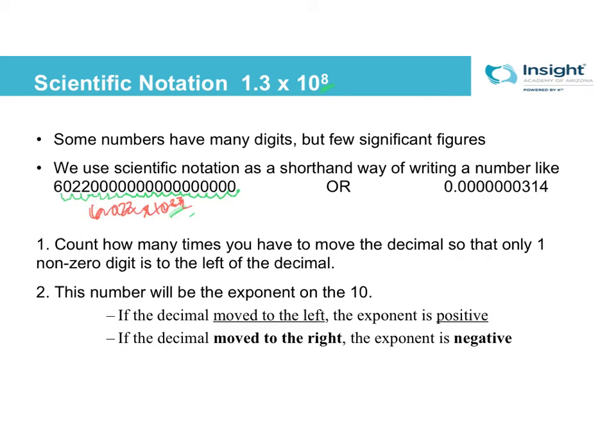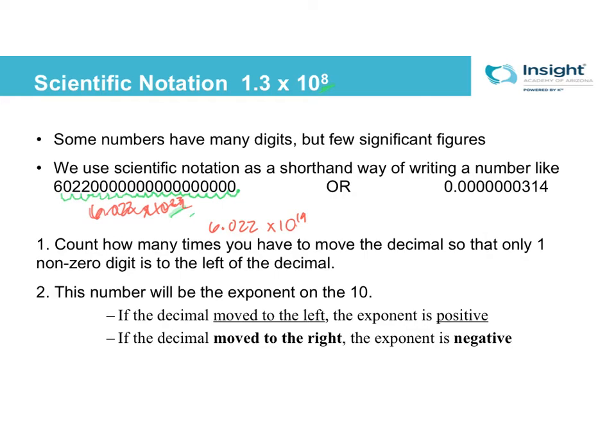So what this should be, 6.022, you're going to keep all of your significant digits. And then, since I had to move the decimal 19 times, it's 6.022 times 10 to the 19th.